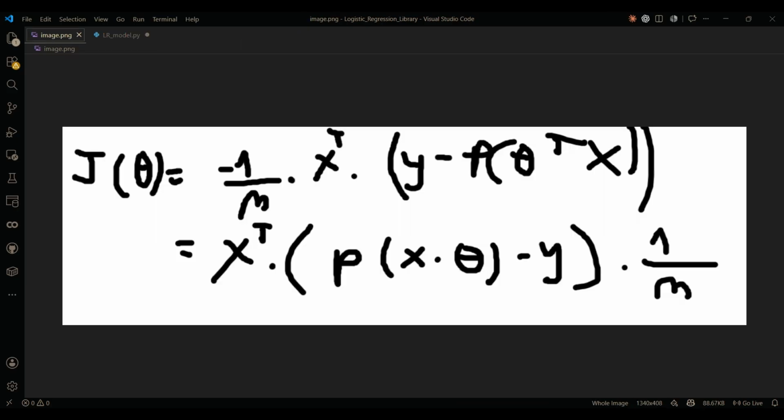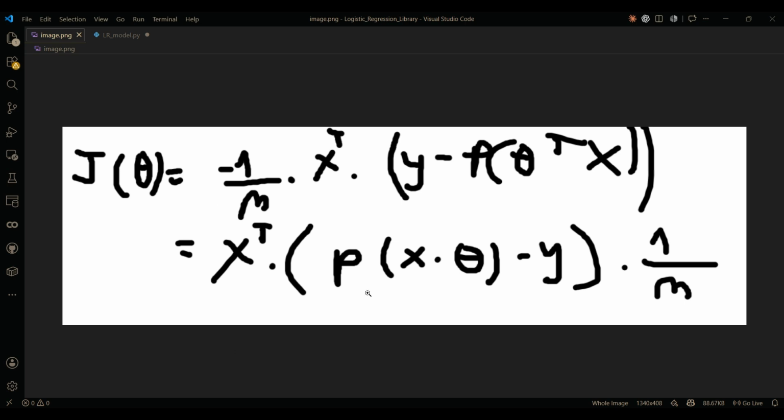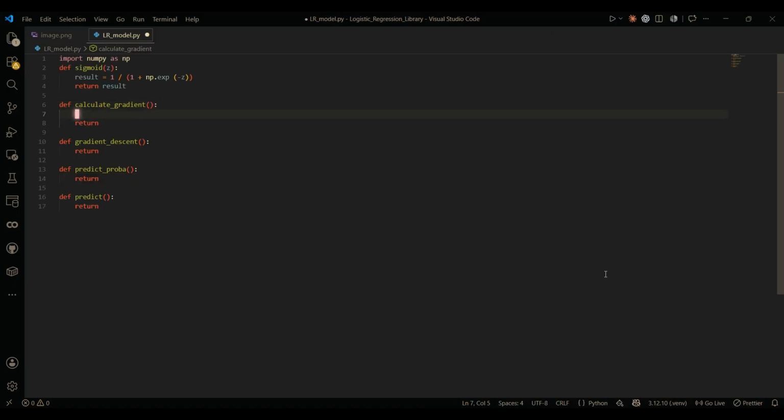So secondly, calculate the gradient. Right here, we use this equation. So the inputs are x, theta, and then y. p is the sigmoid function, remember? And m is the number of instances, or in other words, the size of y. So firstly, have m first. m is the size of y. And don't forget x, theta, and then y.